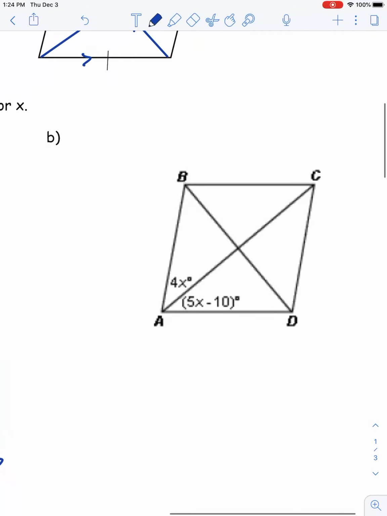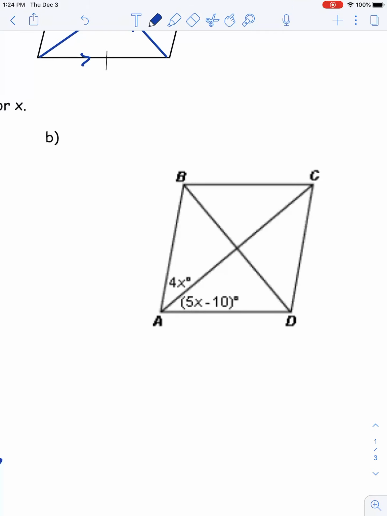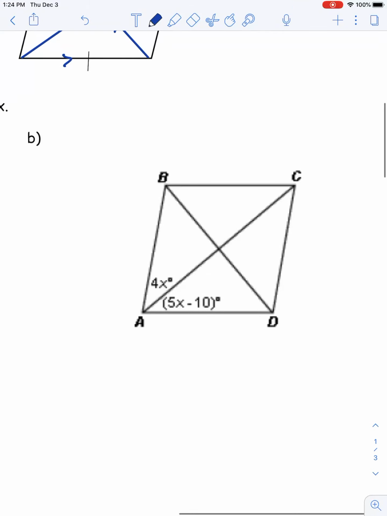Part B. And just a reminder, anytime I'm going too fast in this video, just hit pause. You have the power here today. So here we are, we're going to look at this rhombus. I notice that here, to solve for x, it's not a right angle. But what I do know is that the diagonal bisects the angle.